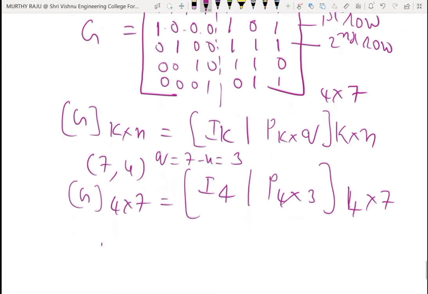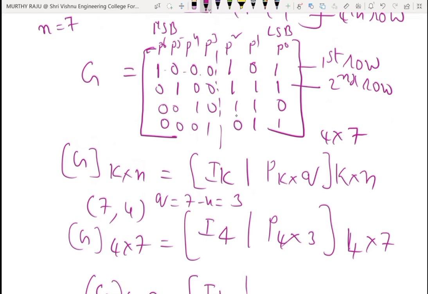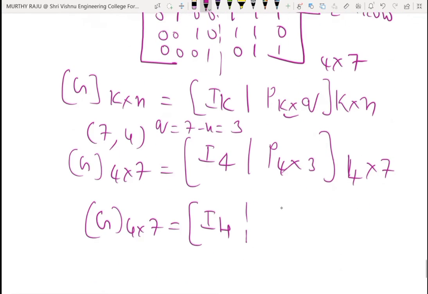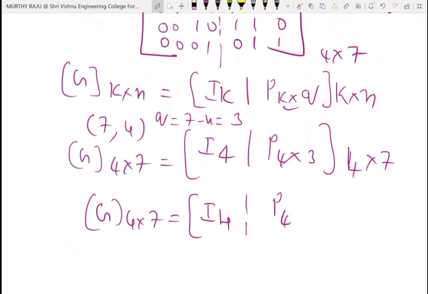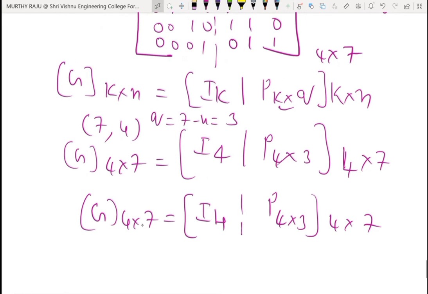Therefore, G is equal to 4 cross 7, I4 and P. Here, how many rows are there? 1, 2, 3, 4, because K is equal to 4. How many columns? 1, 2, 3. This is the P matrix of order 4 cross 3, and finally 4 cross 7.